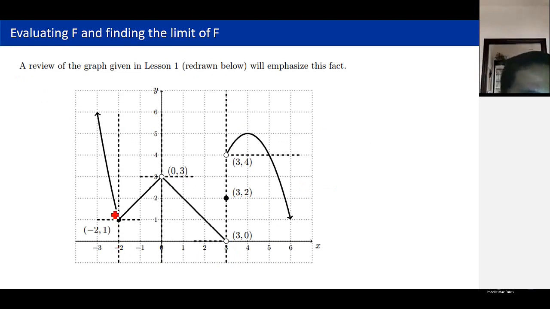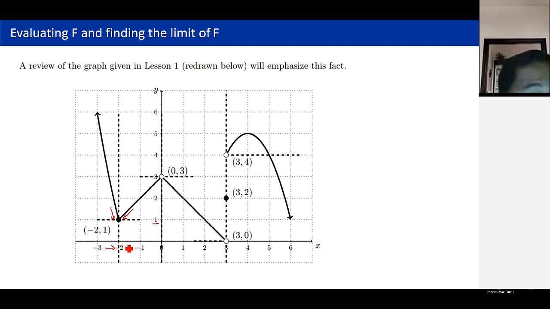So, kung titingnan natin, papunta siya sa negative 2. Ang ating value ay papunta siya sa, titingnan natin, papunta siya sa 1. Okay? And then, ang limit niya ay 1.